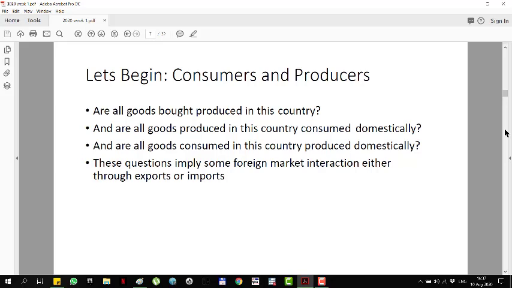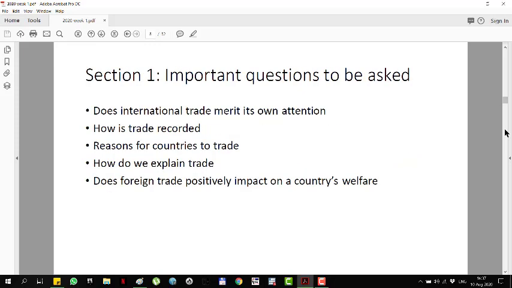So all these things that we're not producing or consuming from our own country imply some foreign market interaction, either through exports or imports. For those who don't remember, export is when you take your product and sell it to a foreign country, and import is when you buy a product from an external country or an international country. So just remember this. Let's move forward.